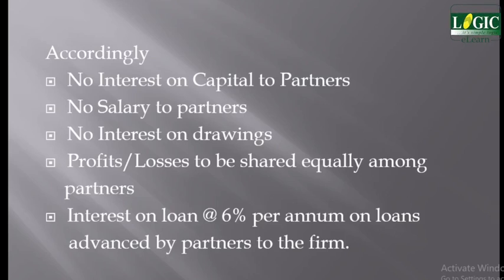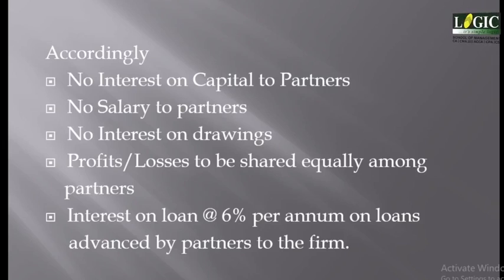Suppose the partner has advanced a loan to the firm, then the firm is liable to pay 6% interest per annum upon loans advanced by partners to the firm. I repeat it once more. These conditions of Indian Partnership Act 1932 will apply if partnership deed is silent.